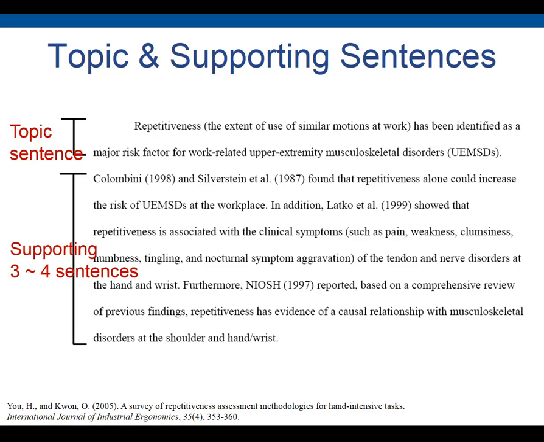In addition, Lacto et al. found something. So here is the message on the topic sentence: you have to use references to support your topic sentence. When you write your opinion, it should go first, and the supporting sentences should be references.